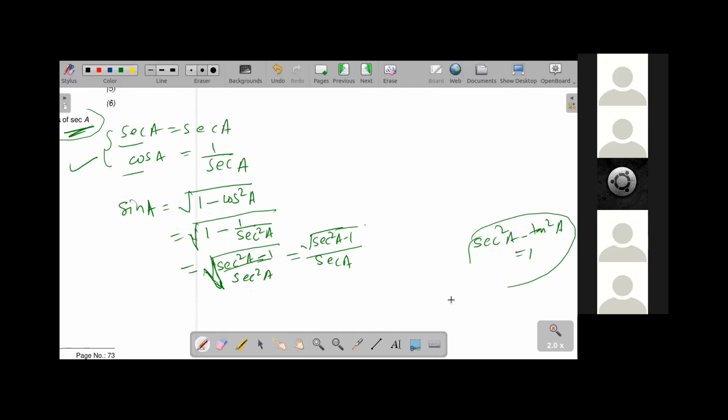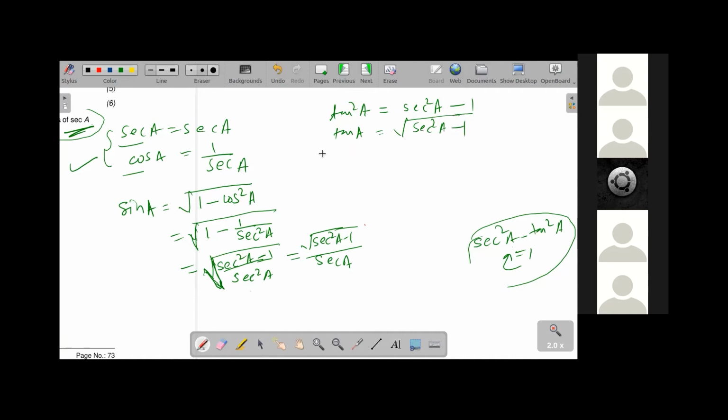If I take minus tan square to this side, it will be tan square A equal to sec square A minus 1. So now tan A will be root over sec square A minus 1.